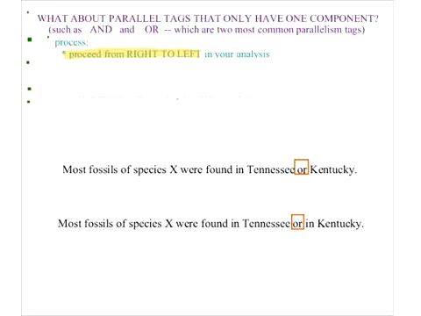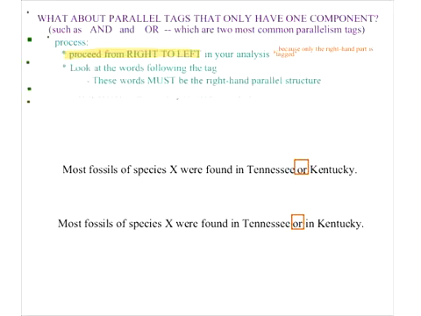And this is extremely important because you can't tell where the left part begins, because only the right-hand part is tagged. So you look at the words following the tag. These words, no matter what they are, are the right-hand parallel structure.